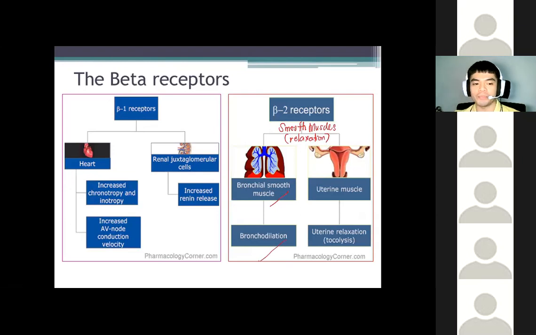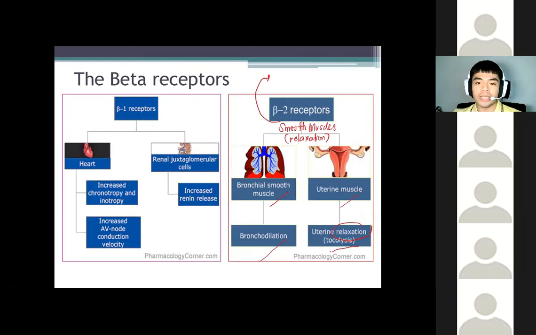Next, in the uterine smooth muscles naman, the effect is uterine relaxation as well, and that is medically called as tocolysis. What else? Smooth muscles pa rin everyone.